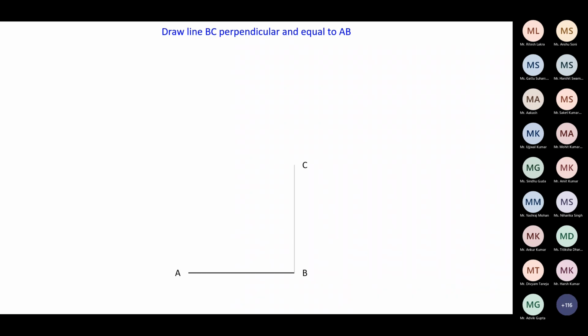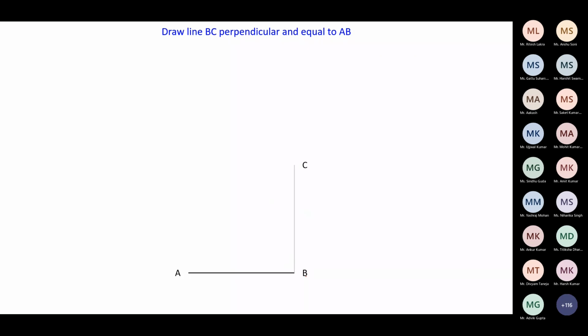That is why we represent the line AB using a thick line, and the construction line BC we represent using a thin line. The line BC is visible to you all, it is a thin line, so we can easily differentiate between the thick line and thin line. Whatever the construction part is, we must draw in the thin line.